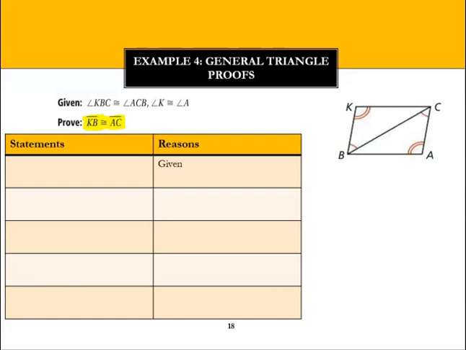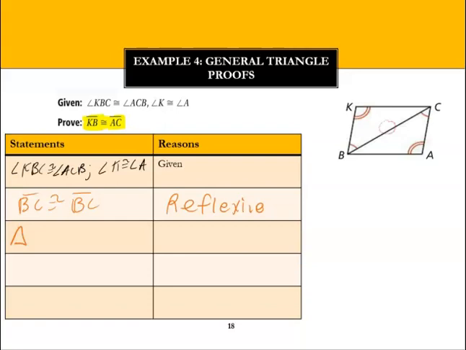We start with our givens as always. Angle KBC is congruent to angle ACB. Angle K is congruent to angle A. Those things were given, they were marked. I see a reflexive side here at BC. So BC is congruent to itself, reflexive. Now I have angle, angle, side.